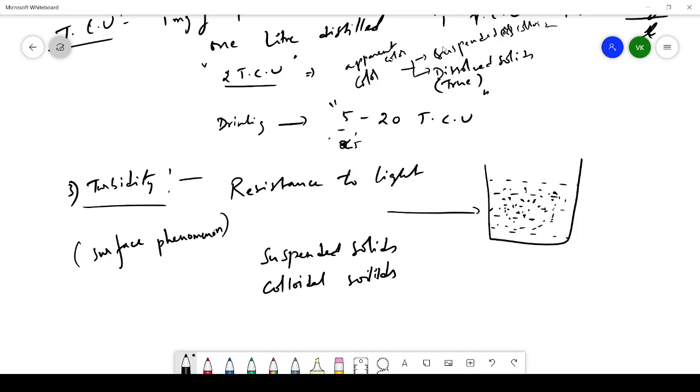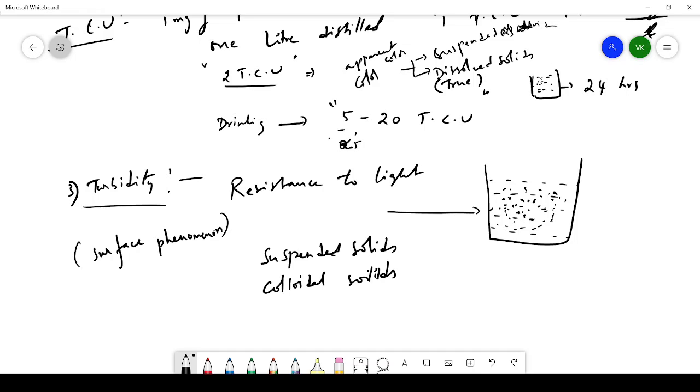The color produced by suspended solids is called apparent color, and the color produced by dissolved solids is called true color. The reason is, if you keep the water for a certain time, assume that I have kept the water for 24 hours, then what is going to happen?